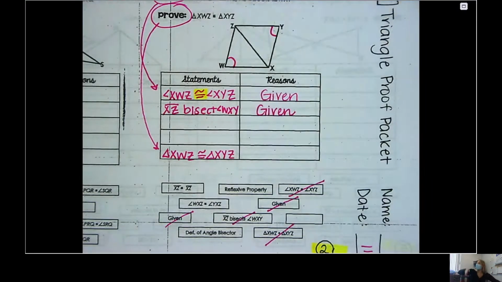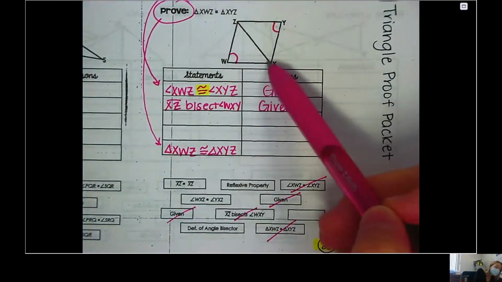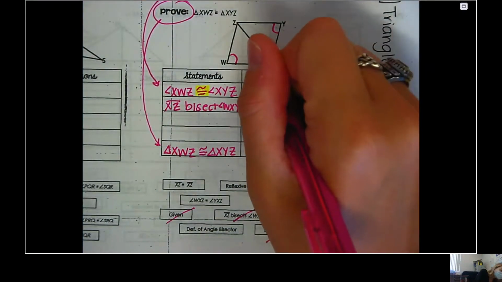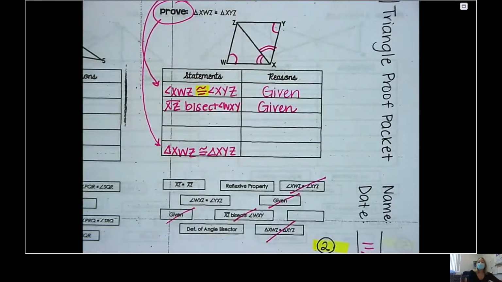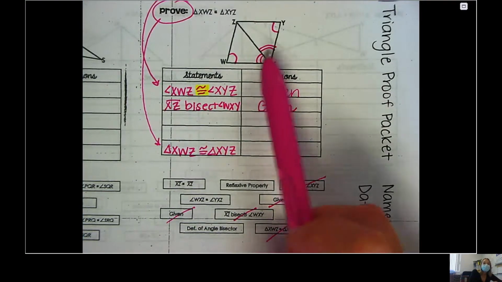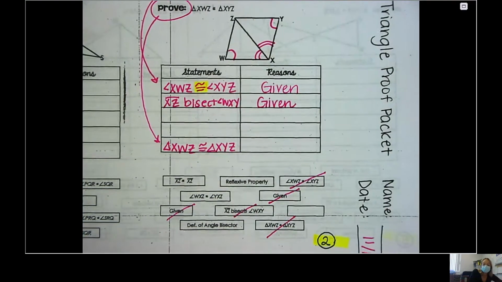They're the same. If the whole thing was 100 and I cut it in half, what would each one be? 50. They'd be the same. So if I'm cutting angle X in half, that means the two pieces of angle X have to be exactly the same. Which statement below says these two pieces of angle X are the same?